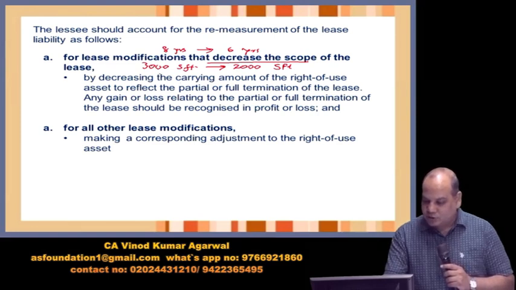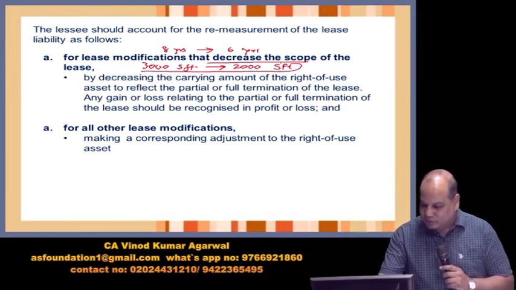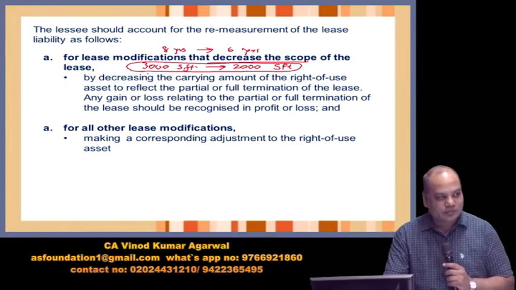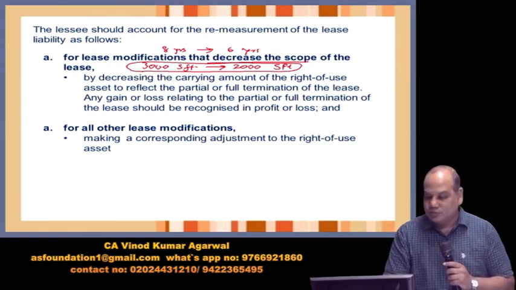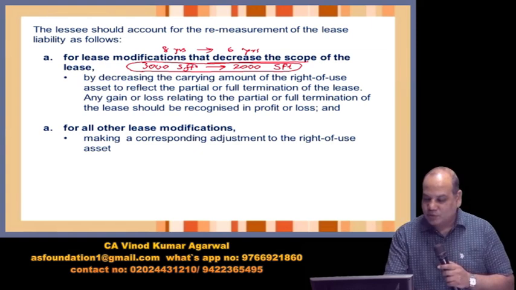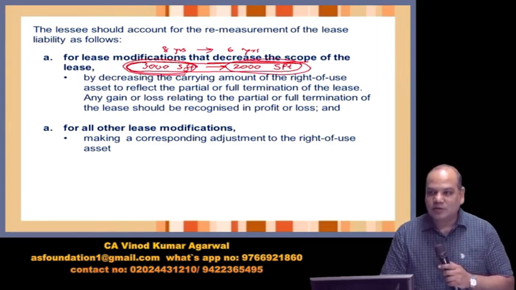Then in that case what will happen? Will my liability increase or decrease? If I reduce the area from 3,000 square feet to 2,000 square feet, will my liability decrease or increase? Most probably decrease only. Because if you are paying 3 lakh rupees for this area, maybe you will pay 2 lakh for this area or 2,10,000 for this area.